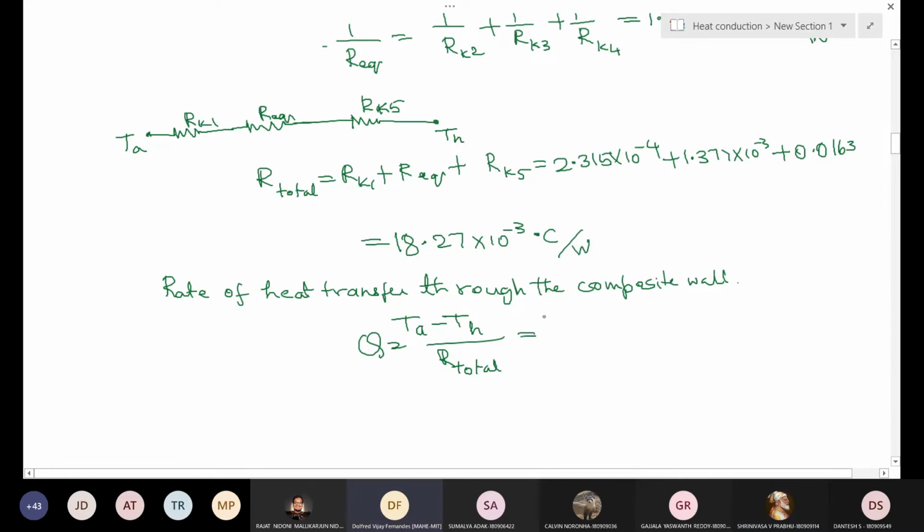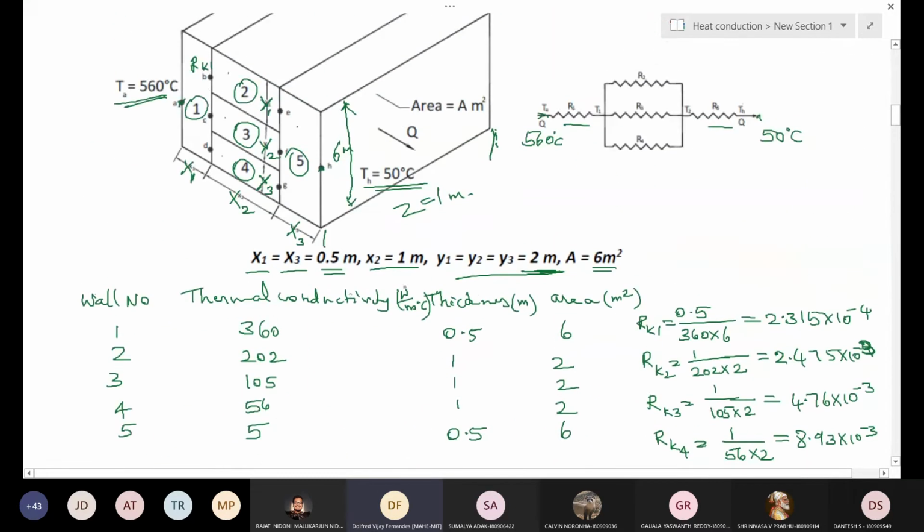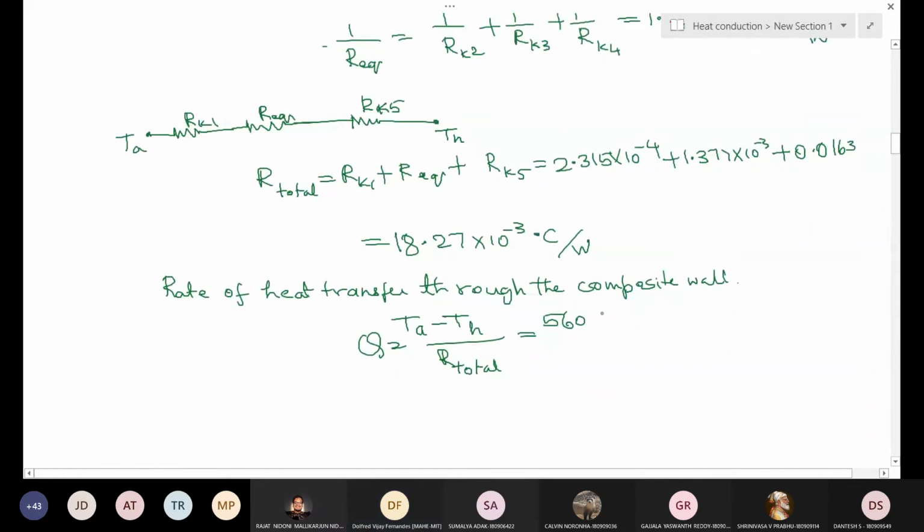Temperature difference is 560 on the left hand side, and on the right side it is 50, divided by 18.27 into 10 power minus 3. This will give you 27.87 kilowatts.